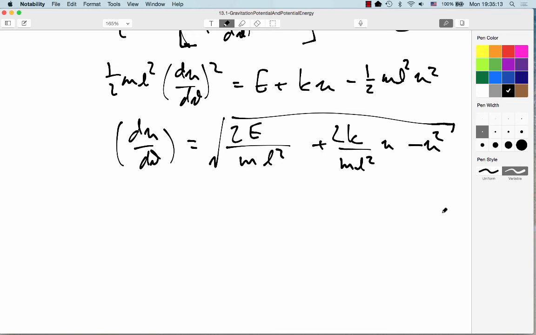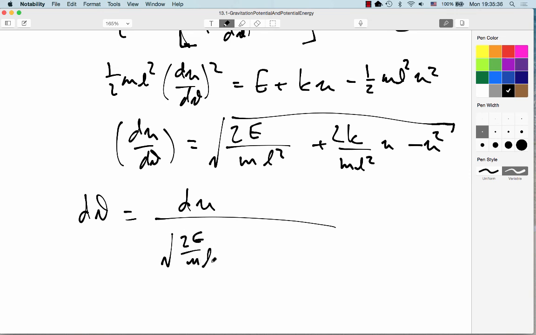So we can rearrange this and separate the variables. This is separable at least. d theta equals, that was the hard bit, du over the square root of 2E over m L squared plus 2k over m L squared u minus u squared.